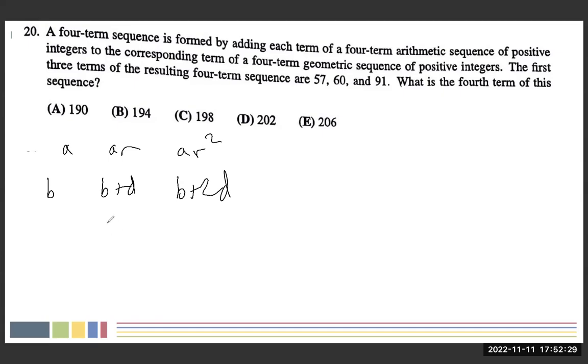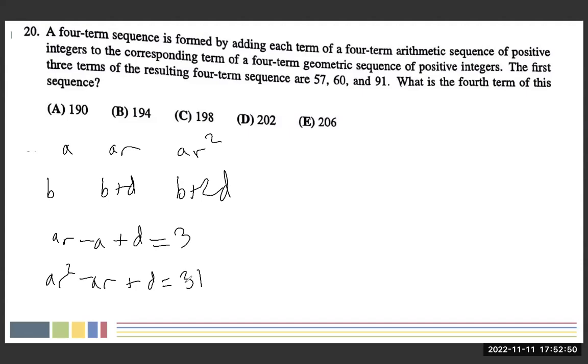The clever thing to notice here is that the difference AR minus A plus B plus D minus B, which is just D, is 3. And AR squared minus AR plus D, because this difference is also D, is 31.